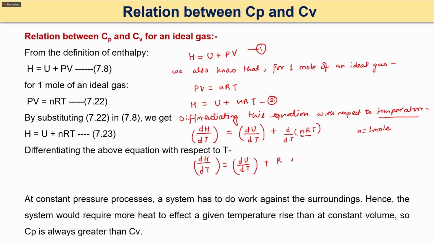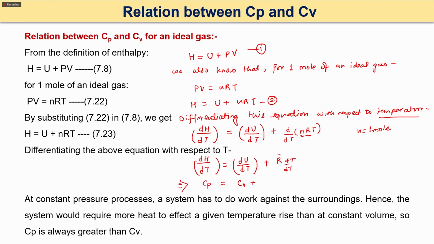You know that dH by dT is nothing but Cp and dU by dT is nothing but Cv, plus d by dT of T will be 1.